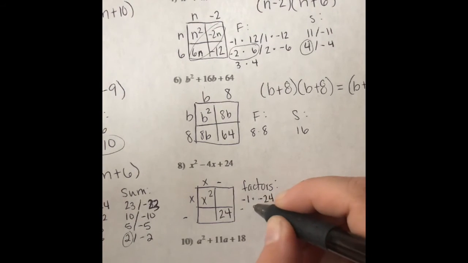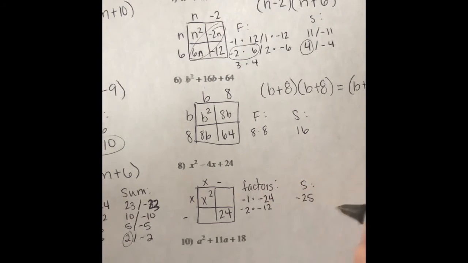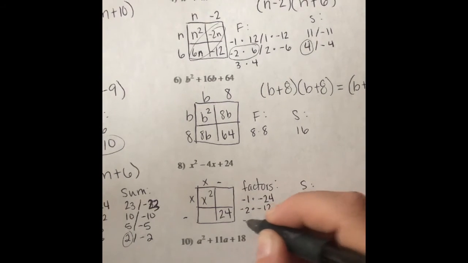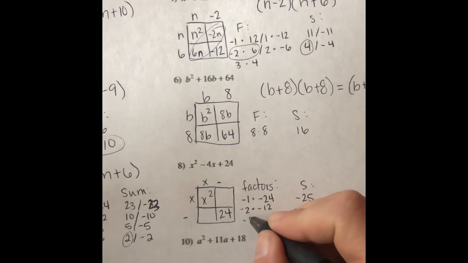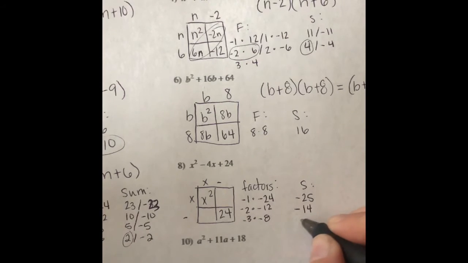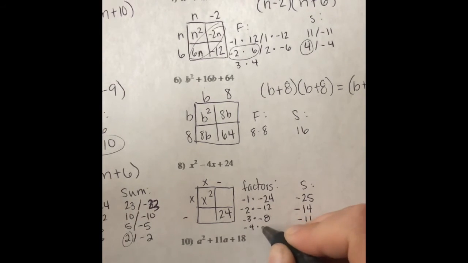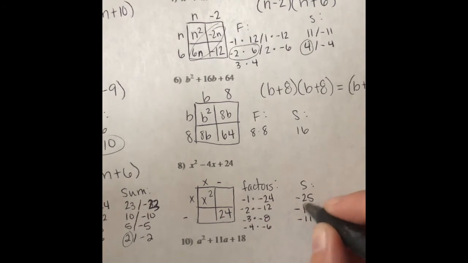We have -2 times -12 gives us a sum of -14. -3 times -8 gives us a sum of -11. -4 times -6 gives us a sum of -10.